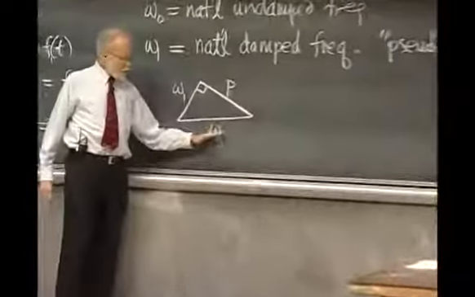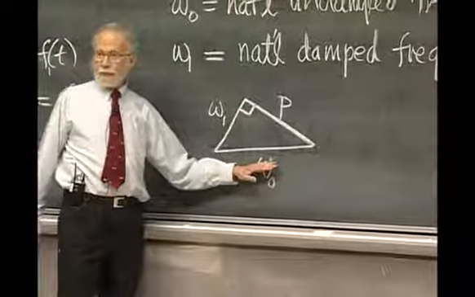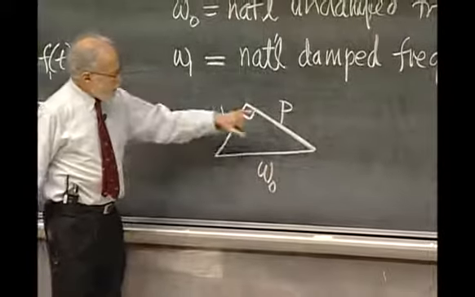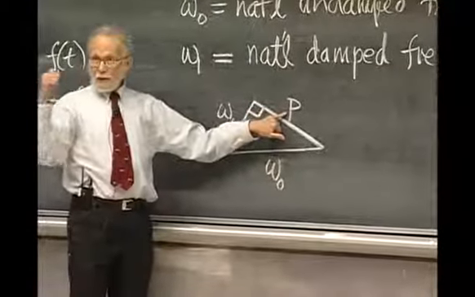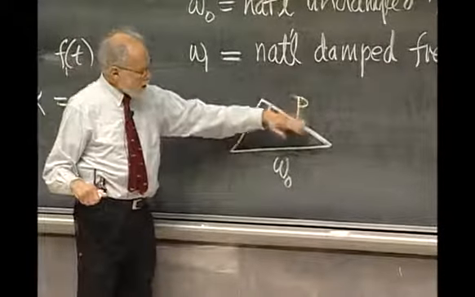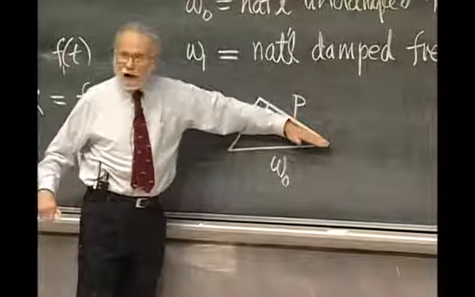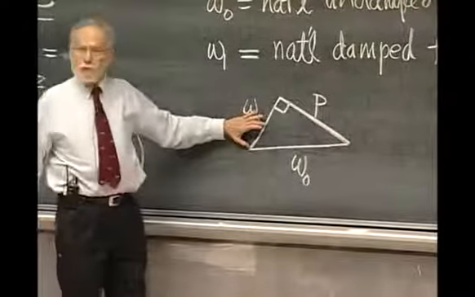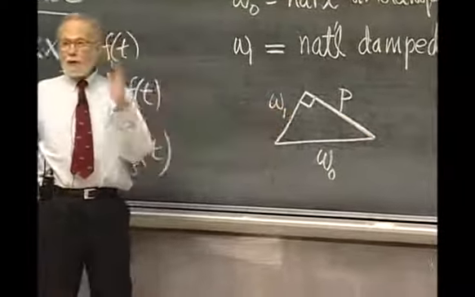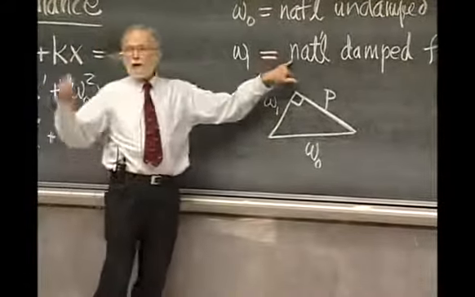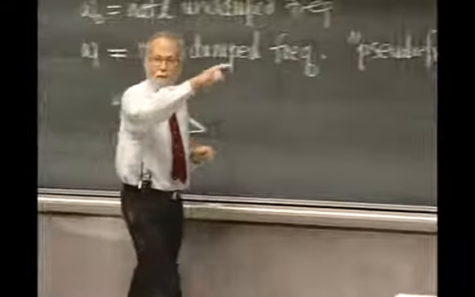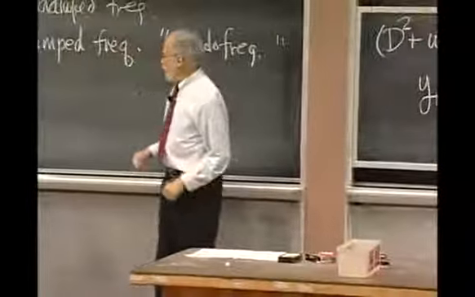That's the natural frequency of the spring by itself. If you're damping the motion, then the more you damp it, the bigger this side gets, and therefore the smaller omega 1 is. The bigger the damping, the smaller the frequency with which the damped thing vibrates. That's sort of intuitive.